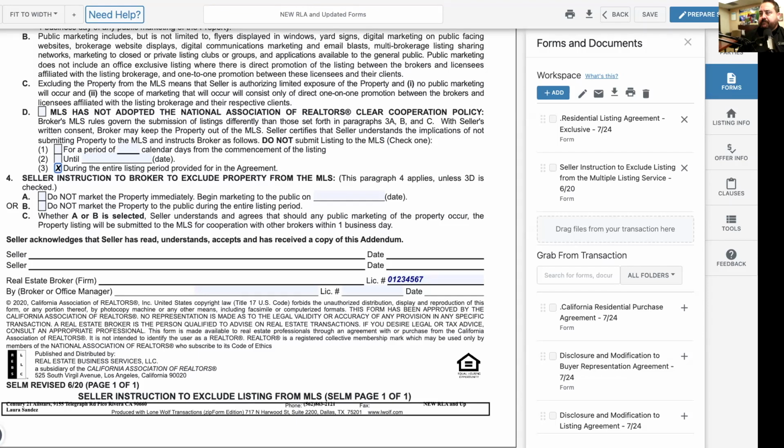Okay, so then now, just so I can go back to a couple of my listings, can I just do a modification of terms, that MTLA, and then exclude it off the MLS? No, because you're still in violation.